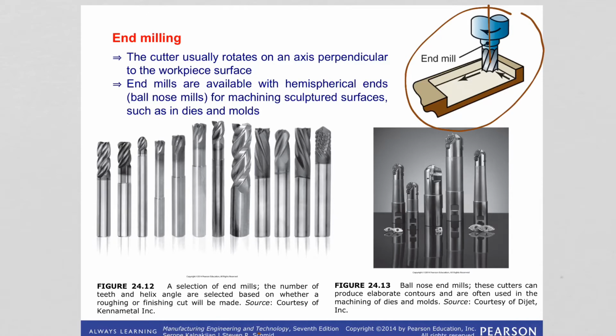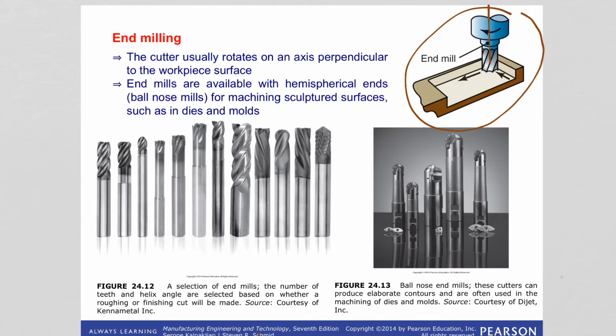And in the first image here we are seeing a selection of end mills. The flute depth angles are selected based on whether it's a roughing or finishing cut. And here we also see some end mills are available with hemispherical ends.